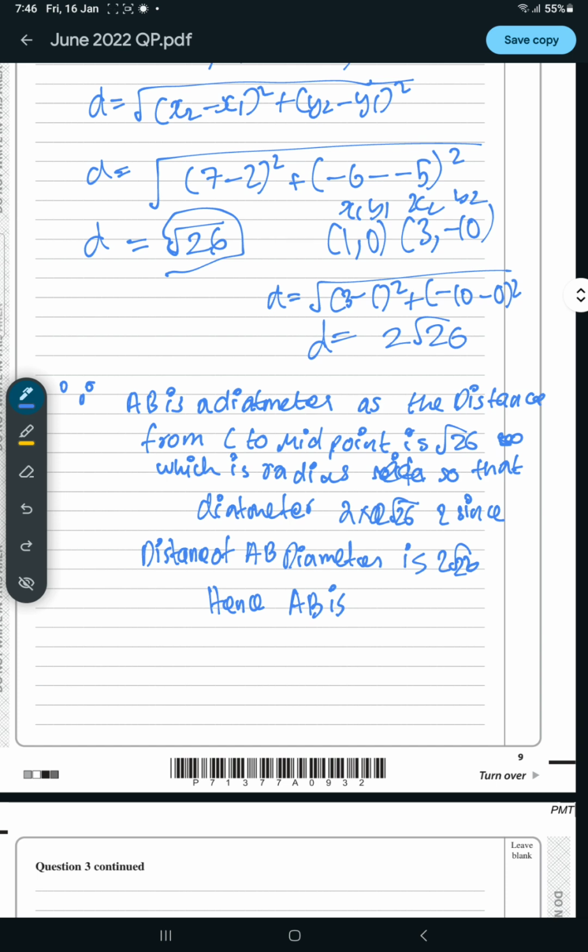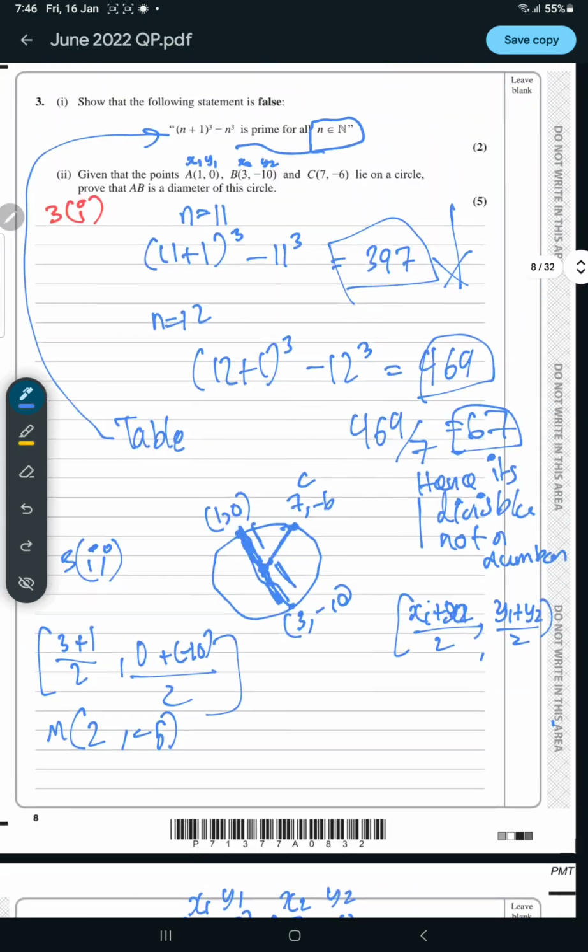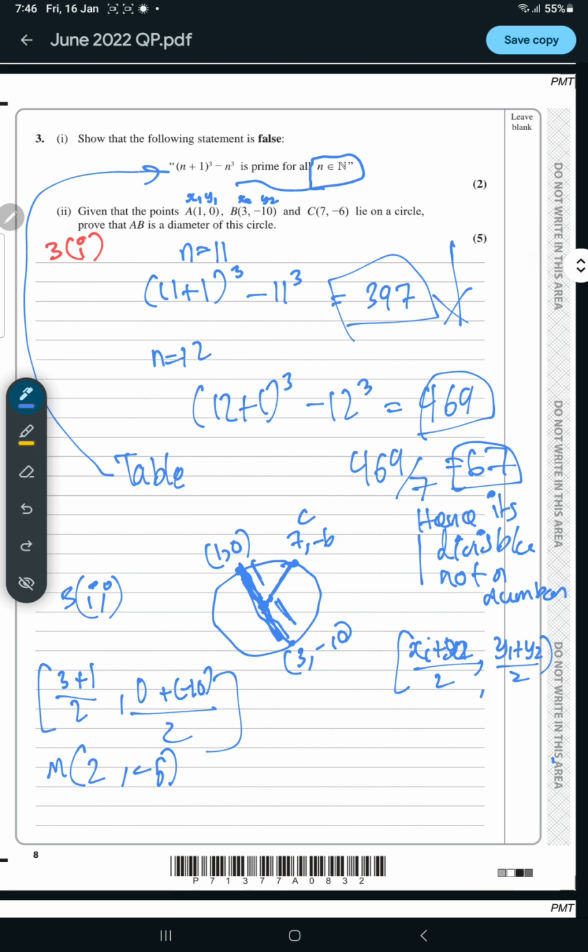So it's giving us the same answer, hence AB is a diameter, therefore proved. And add a little box there to indicate the end of the proof. So that is the question, not a difficult one.